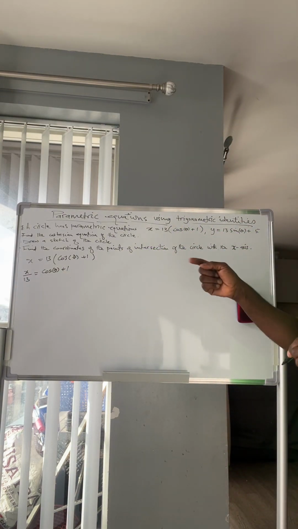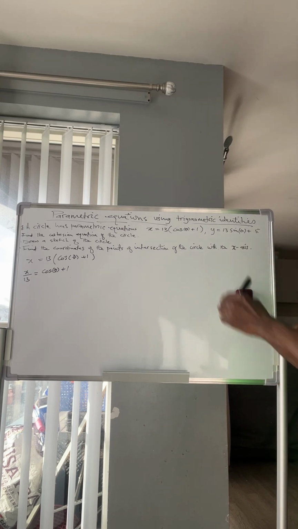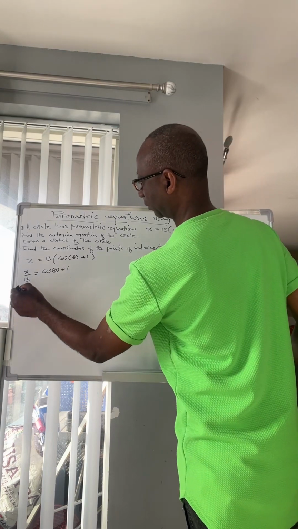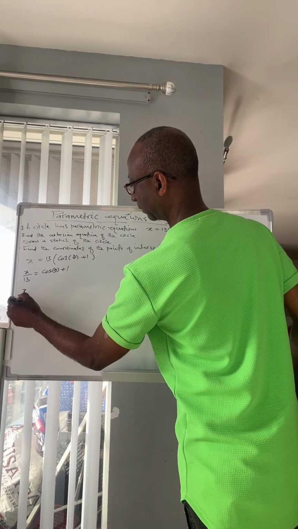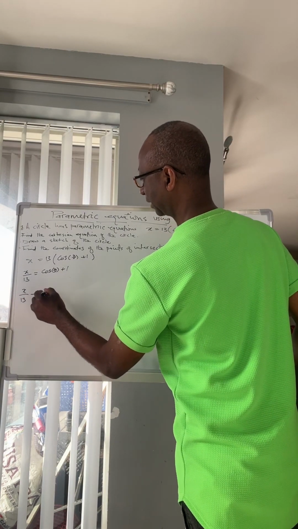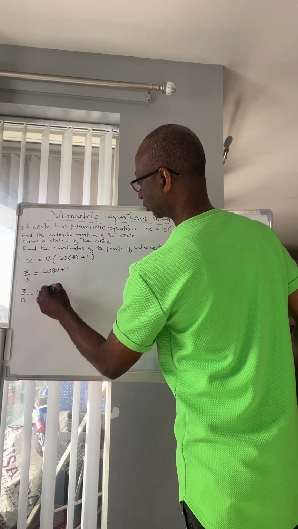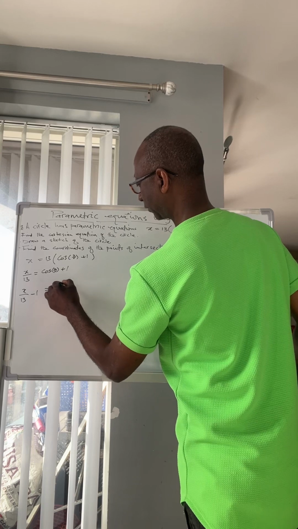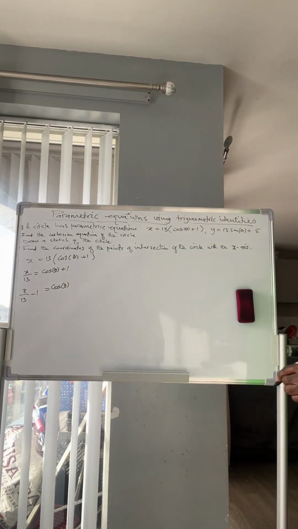We bring the 1 over the equality sign, so this plus changes to minus. Now you have x divided by 13 minus 1 equals the cosine of theta. So that's what we want. Let's stop there for now.